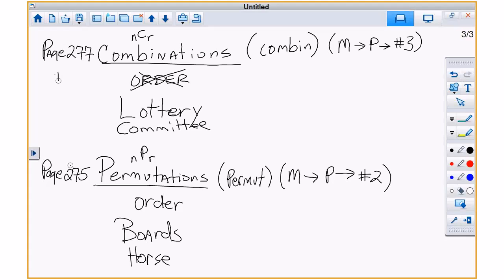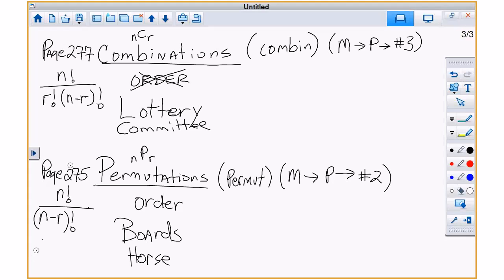N factorial over R factorial, parentheses, N minus R, parentheses, factorial. Okay, and give me the formula for this one. N factorial over parentheses N minus R, N minus R factorial.